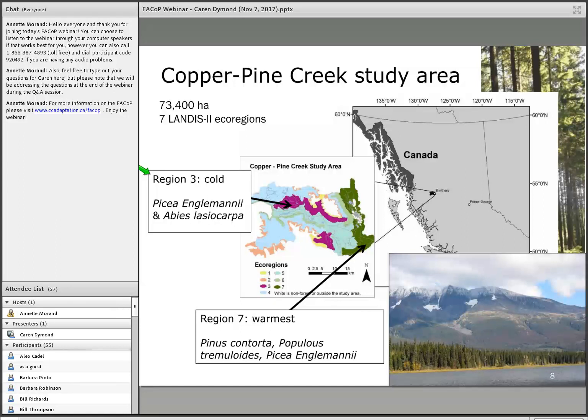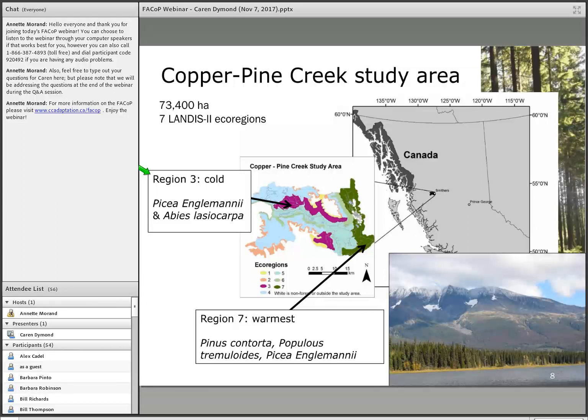I'm going to focus on two regions, modeling regions, not ecoregions. If I slip up and say ecoregions, I don't mean the National Ecoregions of Canada or anything like that, just what we use in the model to define areas of relatively consistent climate and climate envelopes and the tree productivity associated with those regions.